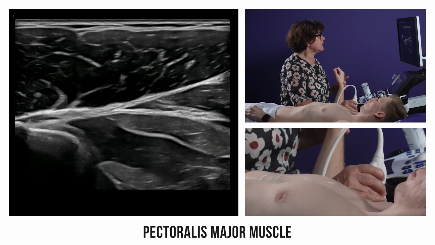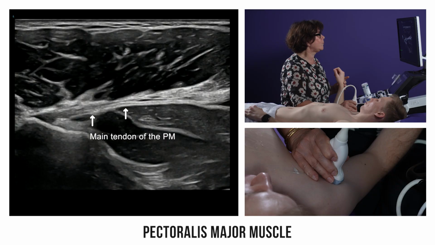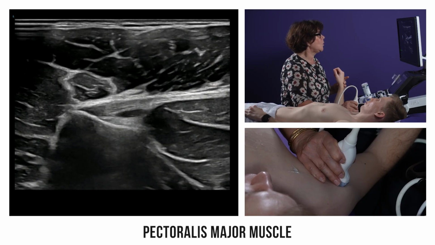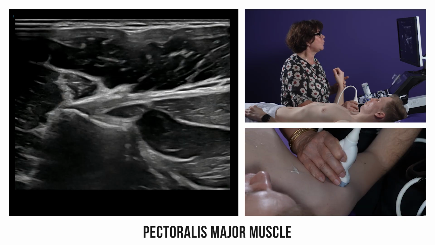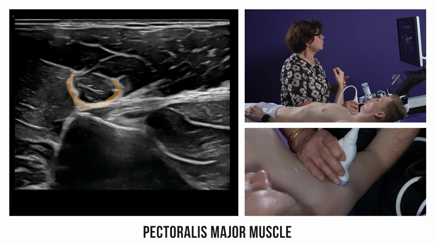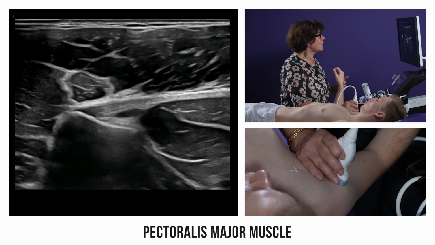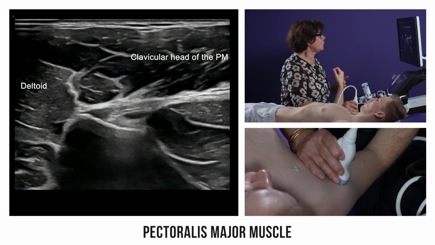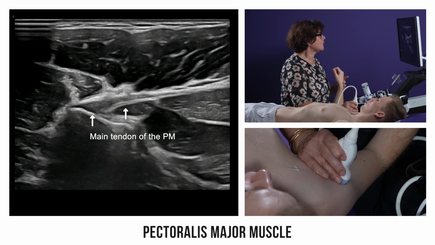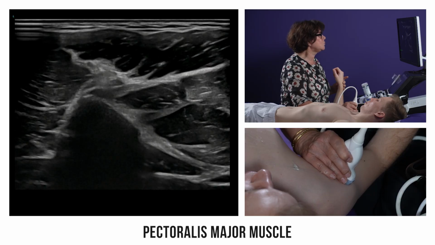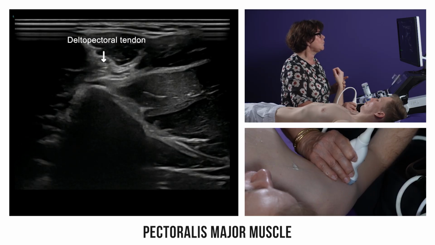At the surface of the pectoralis major tendon, we see a V or U-shaped convergence of the clavicular and deltoid tendons, which adhere together and extend further downward to join the deltoid insertion more distally.